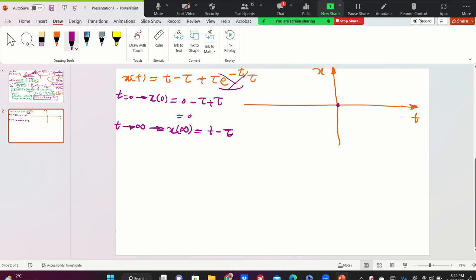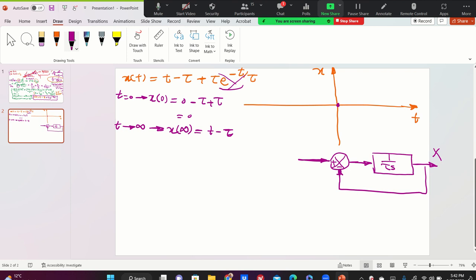And remember that in the unity feedback block diagram, with plus and minus, here is the open loop transfer function, 1 over tau s always, as we did in Simulink. So the output is x, and the input is t.